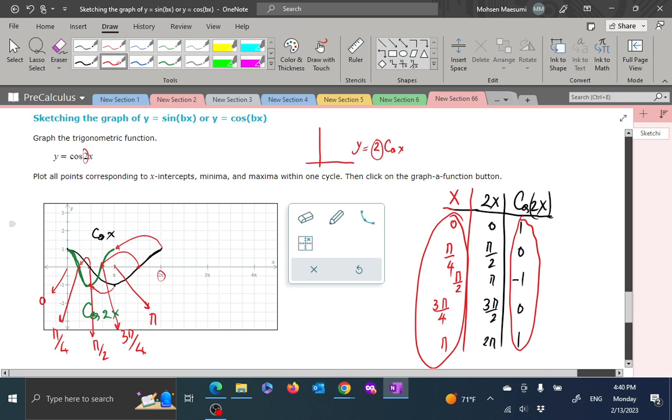If it was cosine of 2x, it would have started like this. When you double it, it becomes twice as tall. It stretches by a factor of 2. This is a stretch factor. But this 2 is a shrinking factor. And that is what's going to be hard to memorize.